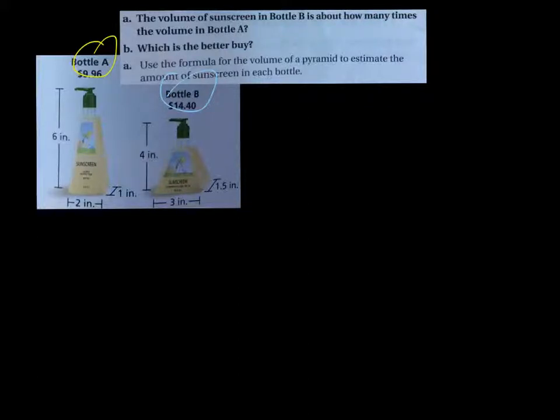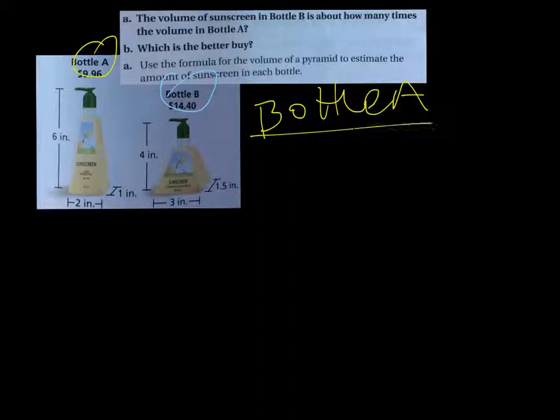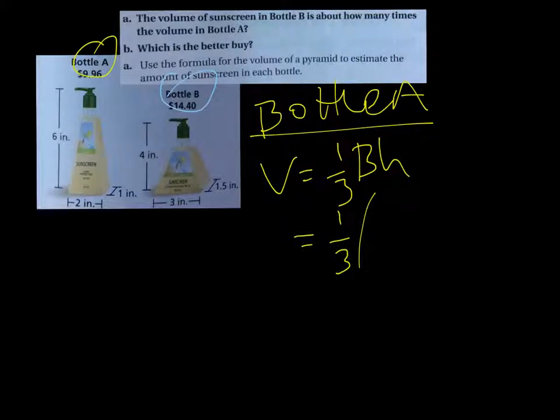So we have bottle A, and we have volume equals 1/3 area of the base times the height, equals 1/3. We have 2 and 1 there for length times width.